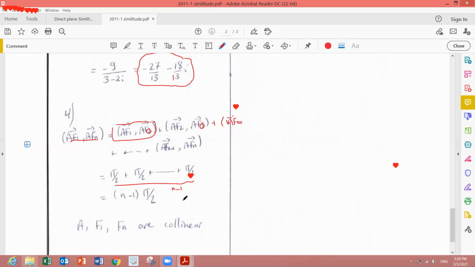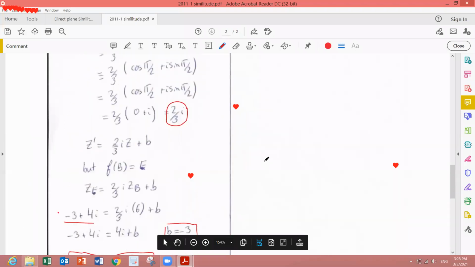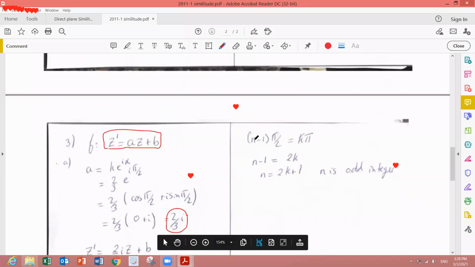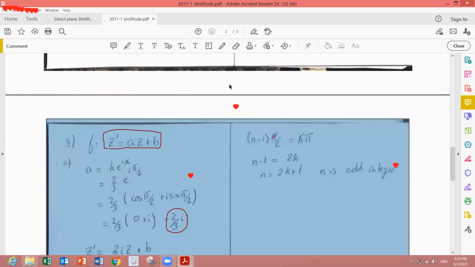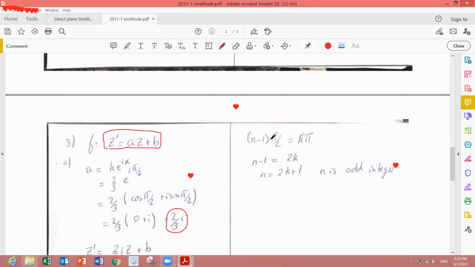So A, F1, Fn are collinear means n minus 1 times pi over 2 equals k pi. We simplify pi with pi. So n minus 1 equals 2k, n equals 2k plus 1, which means n is an odd number.